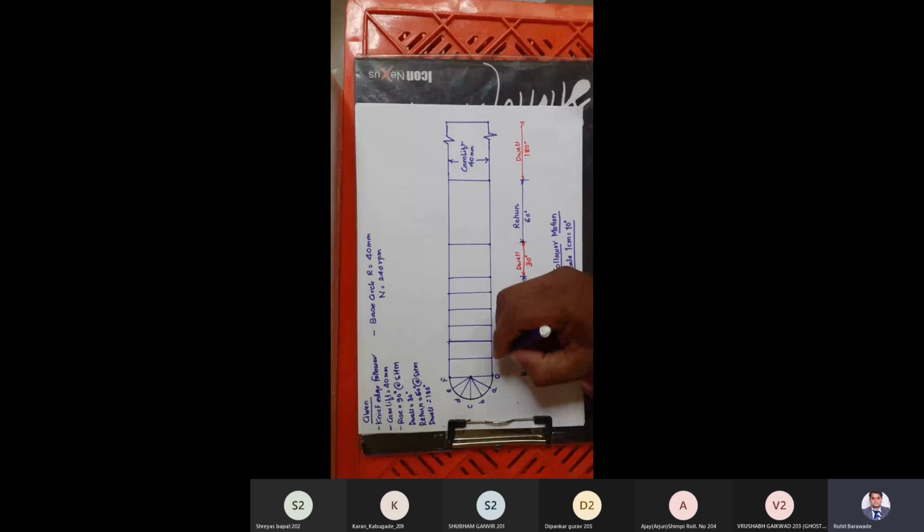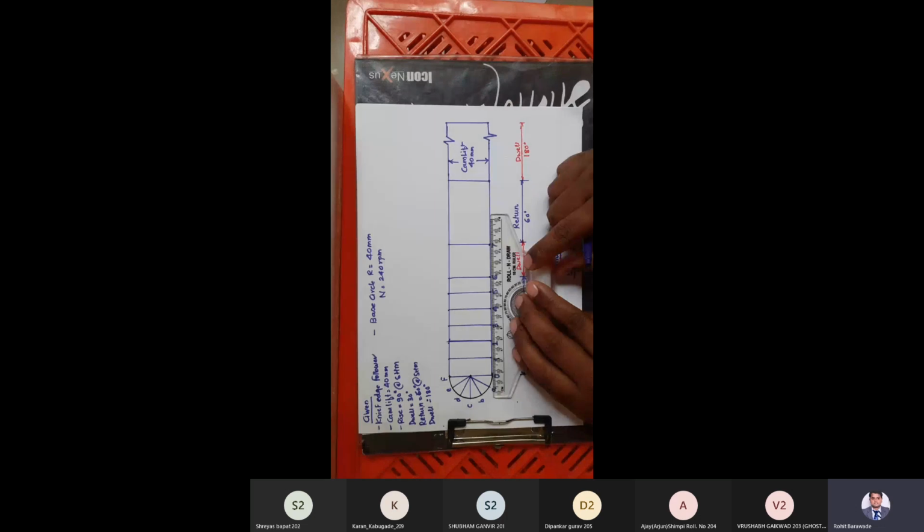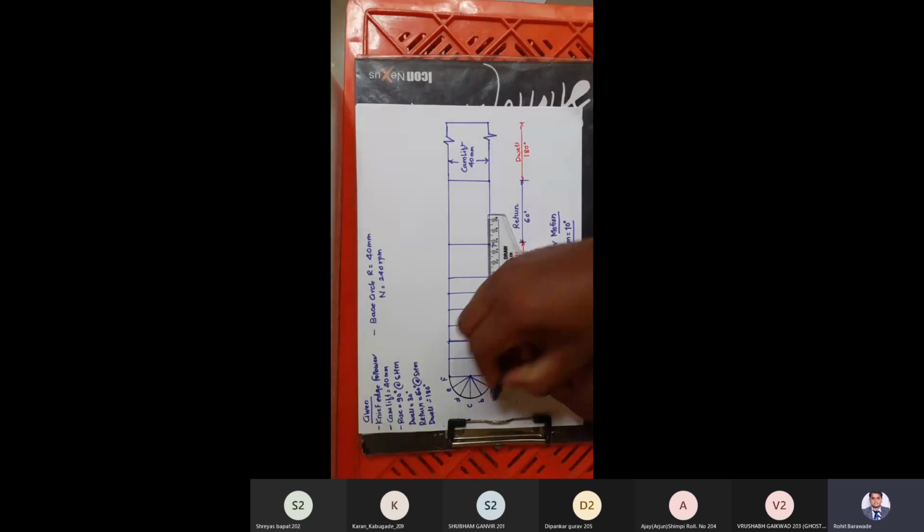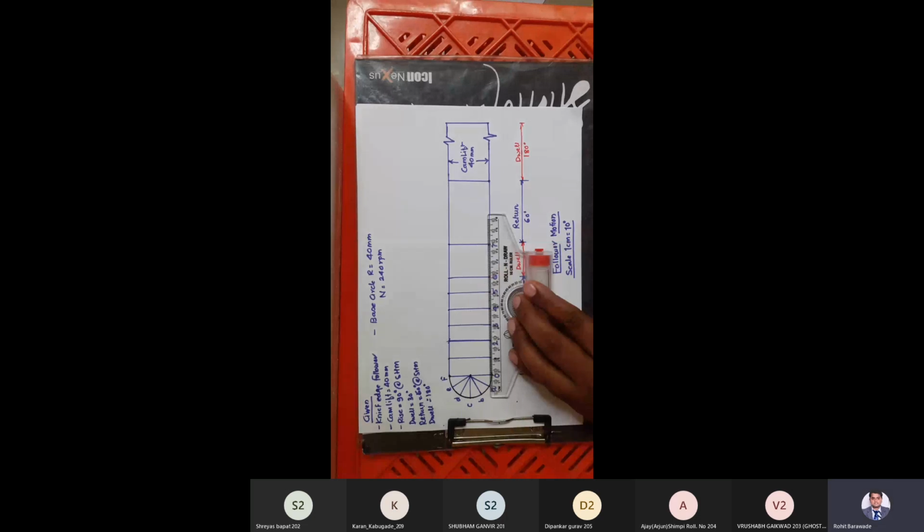And then using a roller scale, I take this horizontal line as a reference line, and we move the roller up to the A position, right? Then I'm drawing a horizontal line from A to 1. Only A to 1.